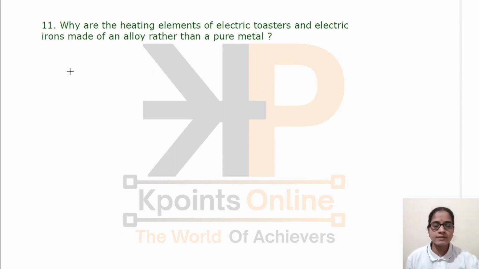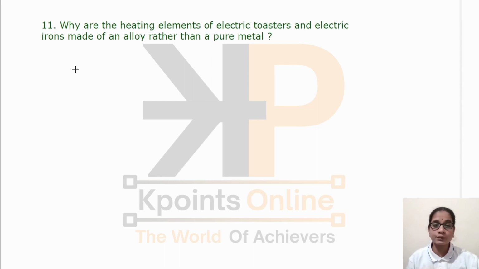The next question is, why are the heating elements of electric toasters and electric irons made of an alloy rather than a pure metal? An alloy is a homogeneous mixture of two or more metals or a metal and non-metal. We usually use an alloy rather than pure metals in case of electric toasters and electric irons.